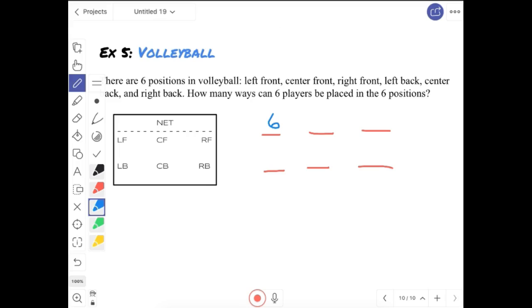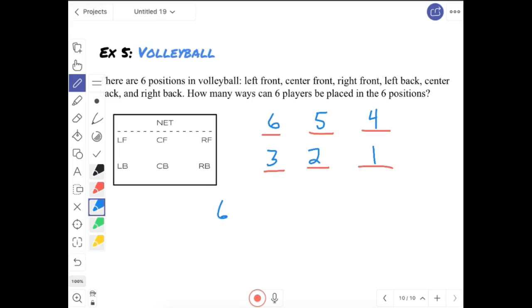If I start there and work my way around, there's 6 possible girls that can go here, but once one girl is already in a position, I have one less to choose from. So as we go around, there's just going to be one less person each time. If I want to find the total number of ways that we could place those girls, all we have to do is multiply those things together.